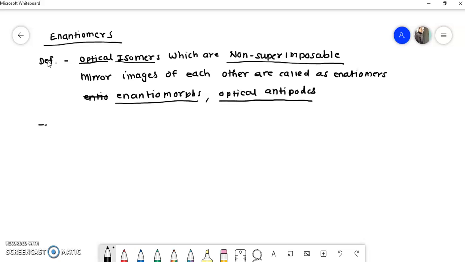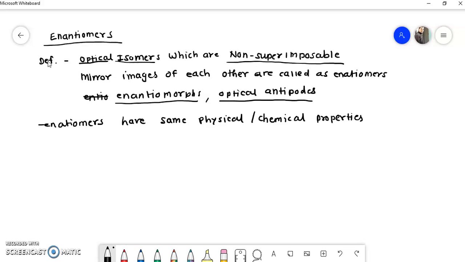Enantiomers have the same physical and chemical properties. This is also very important.